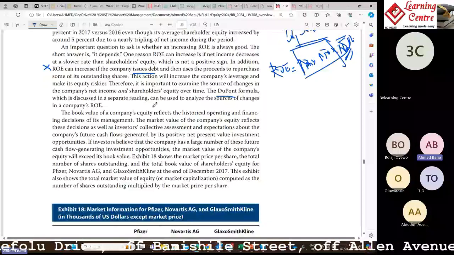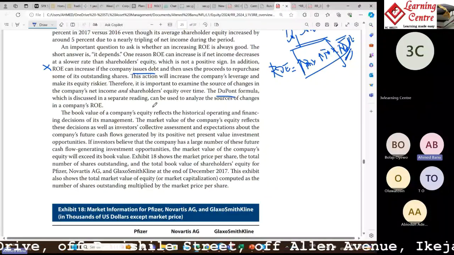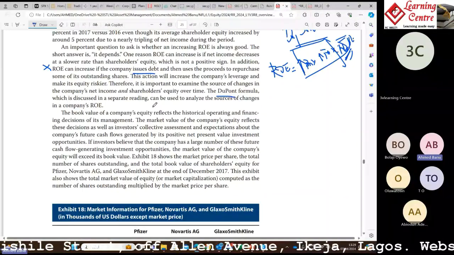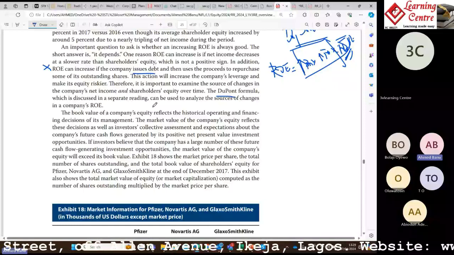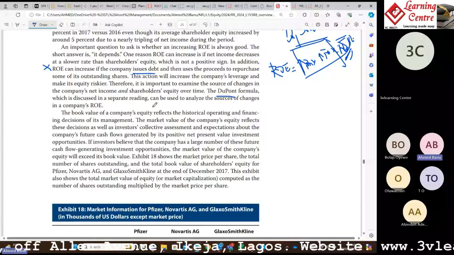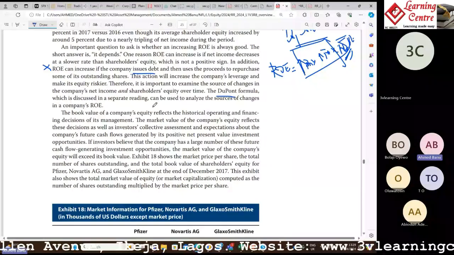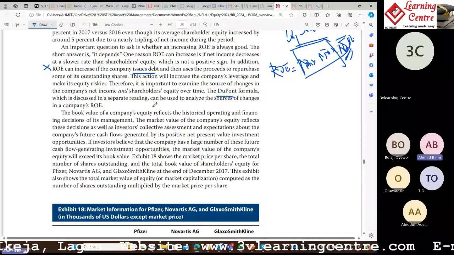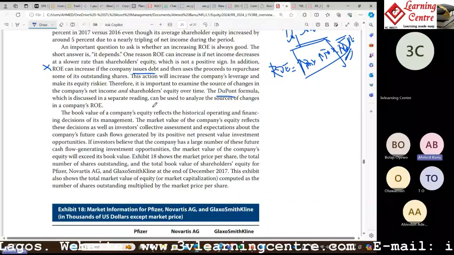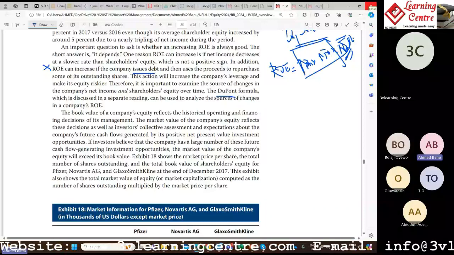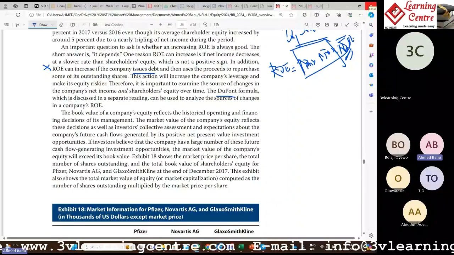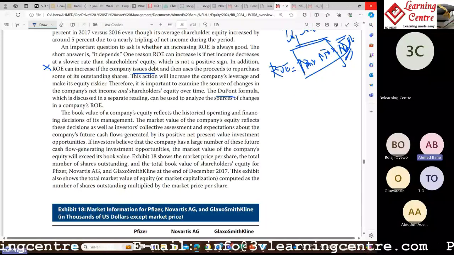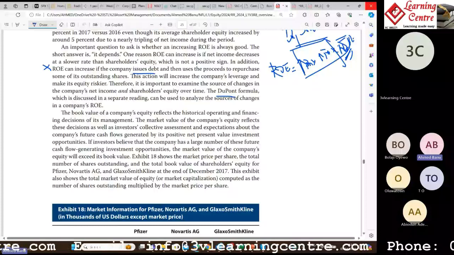So finally, the book value of the company's equity reflects the historical operating and financing decisions of the management. Book value is backward looking, while market value is forward looking. So book value speaks about the company from a looking-backwards view, while market value is forward-looking, talking about the expectation, what the market expects from management, the possibility of what future cash flows, and the uncertainty tied to those future cash flows.